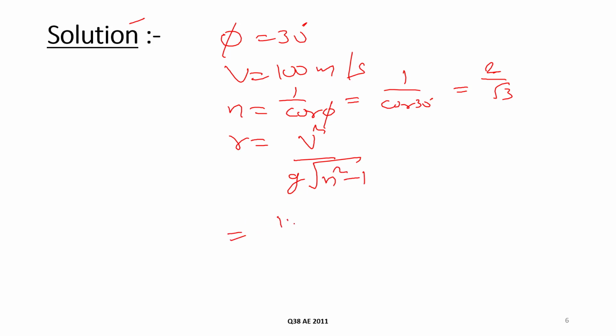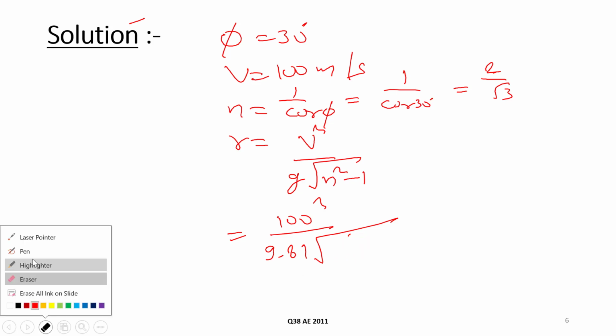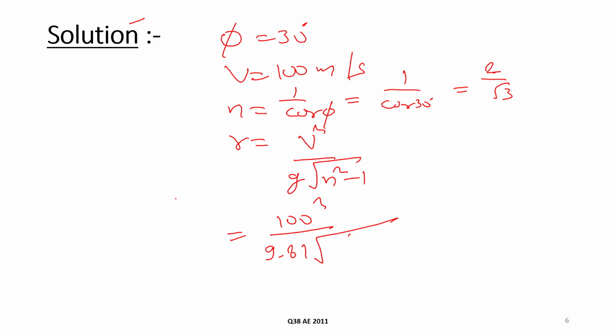We will put in the values: 100 square, the value of g is 9.81 as given in the problem, and n square will be 4 by 3, minus 1.